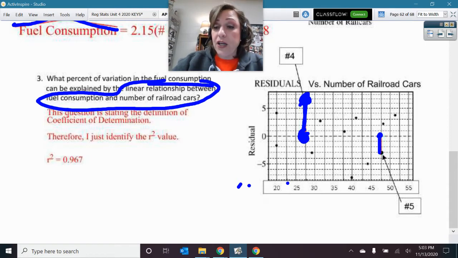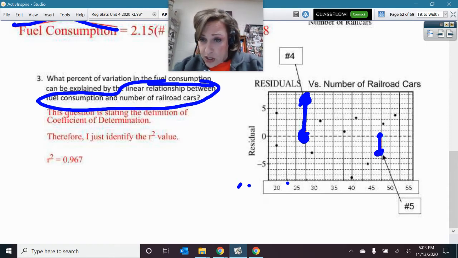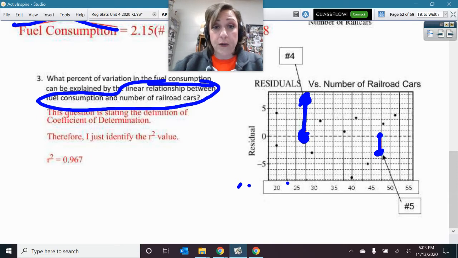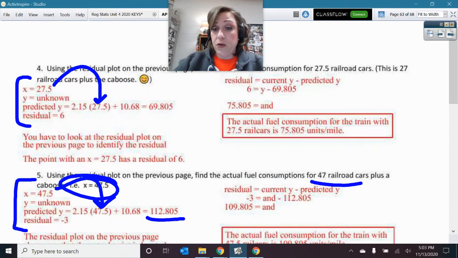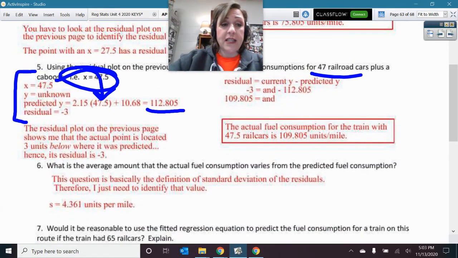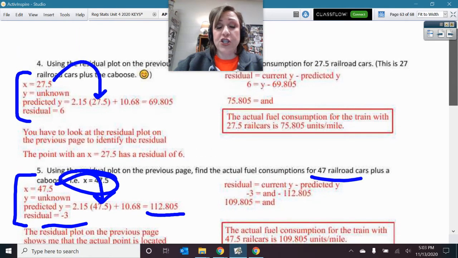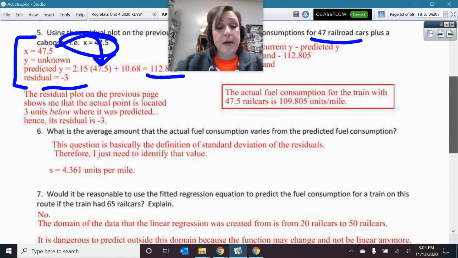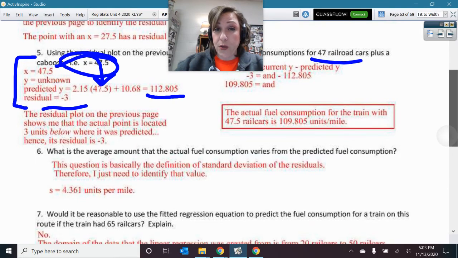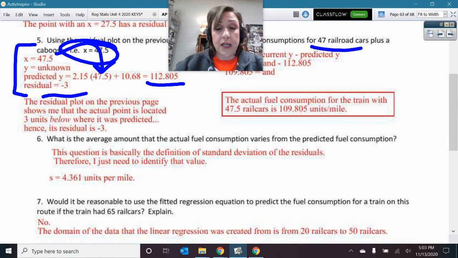And then what actually occurred was this much below, how much was it? 3 below the amount of fuel consumption that was predicted for 47 and a half railroad cars. Once you put that all in there, that residual was -3, and there you go. I'm surprised that they didn't ask for the interpretation of that residual, but make sure you do know how to interpret that residual and give a full interpretation.